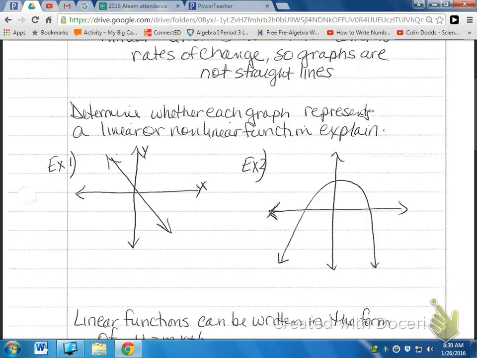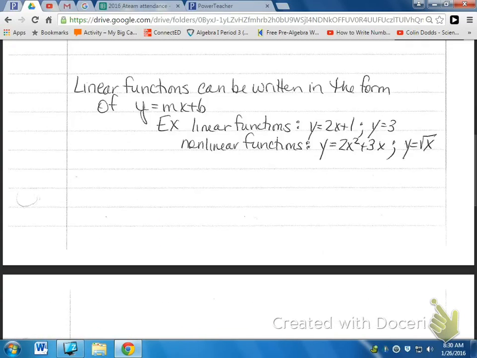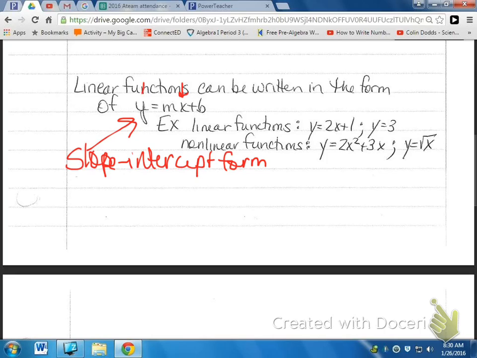Okay, let's look at the next thing. Linear functions can be written in the form of y equals mx plus b. Y equals mx plus b is otherwise known as the slope-intercept form. Okay, we've talked about this before. Now, notice a couple things about the slope-intercept form. First of all, it's got an x and a y.